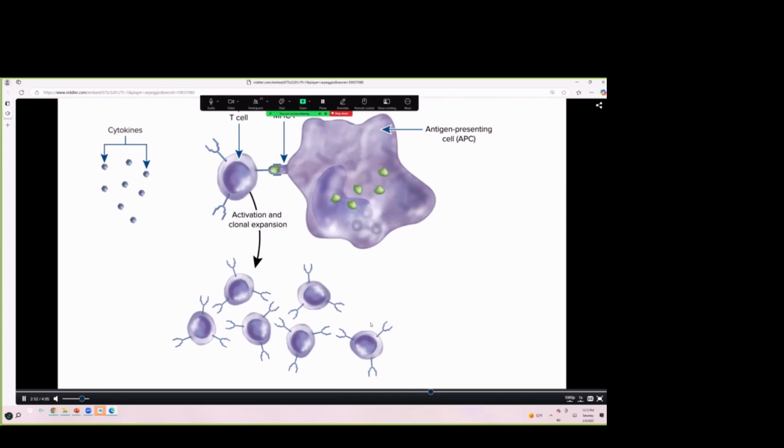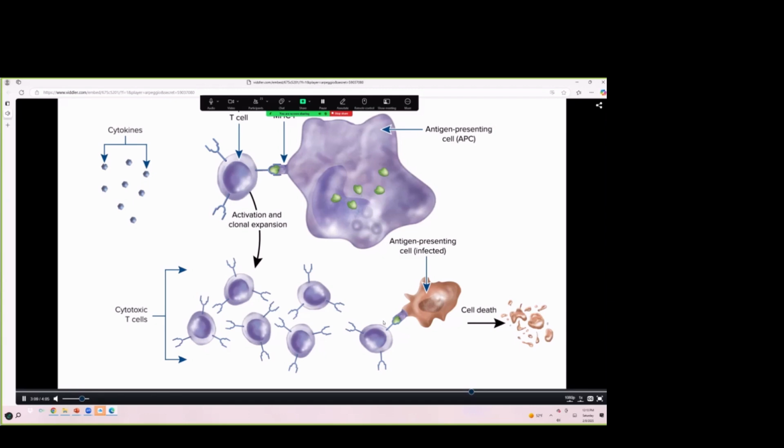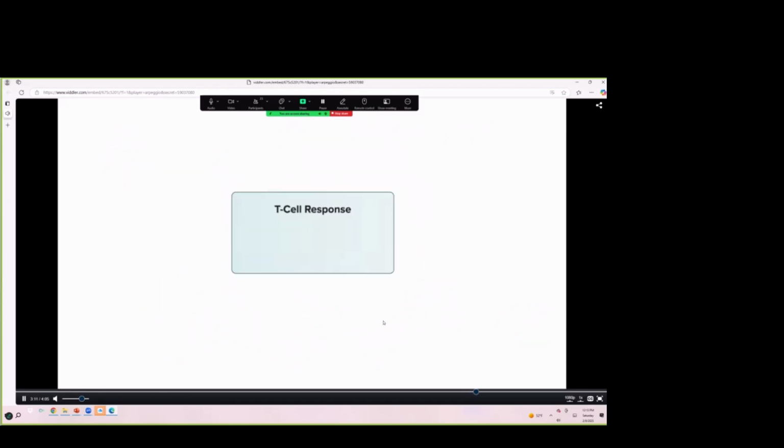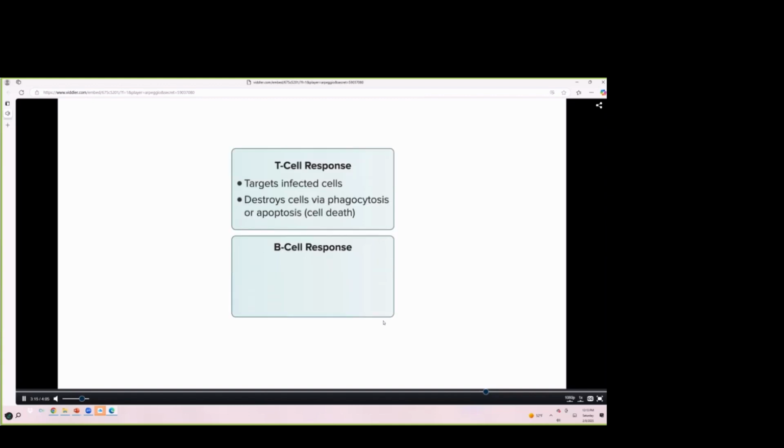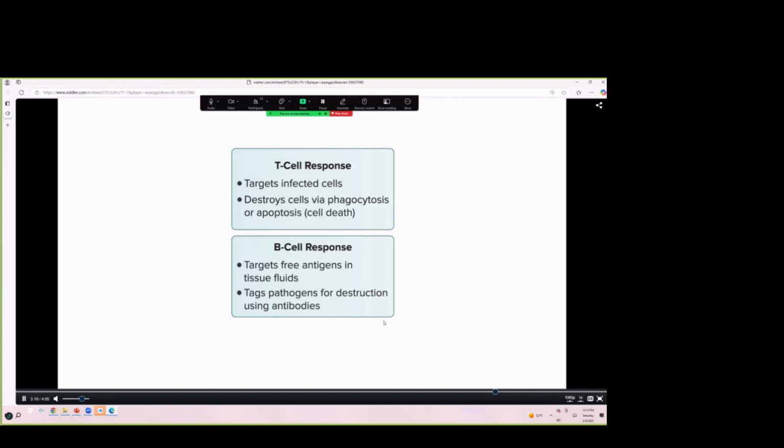These clones, now called cytotoxic T cells, are designed to target other antigen-presenting cells in the body. Once the cytotoxic T cell recognizes an antigen-presenting cell, it releases chemicals, such as perforin, that result in the death of the infected cell. The T cell response targets infected cells of the body, while B cells recognize and destroy any free antigens, such as viruses, in the tissue fluids.